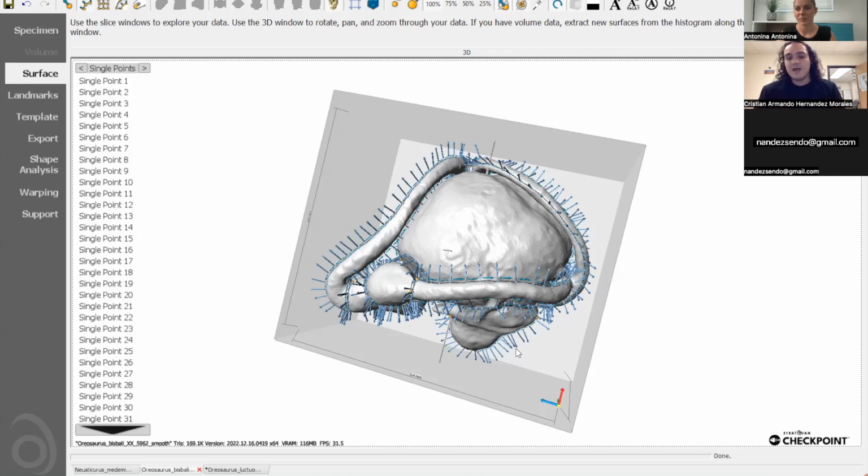So this is important because it looks like this hypothesis is not totally correct. It looks like the shape of the inner ear is not always related to ecology, but in some cases it is more related to constraints like the size of the skull.